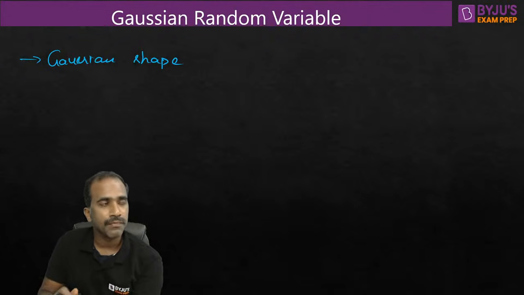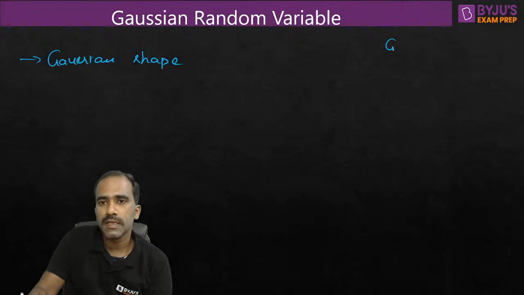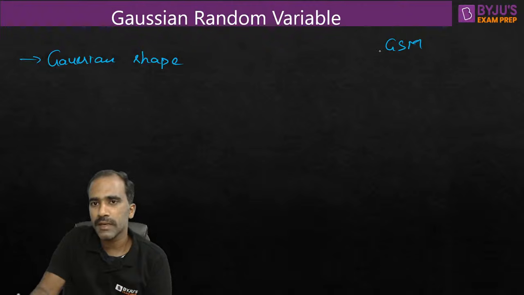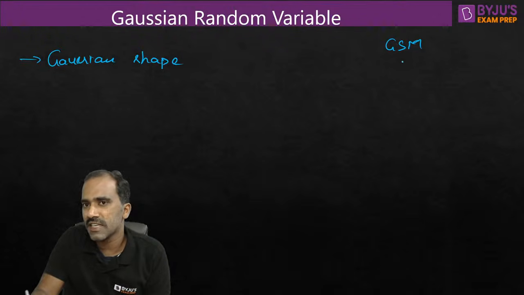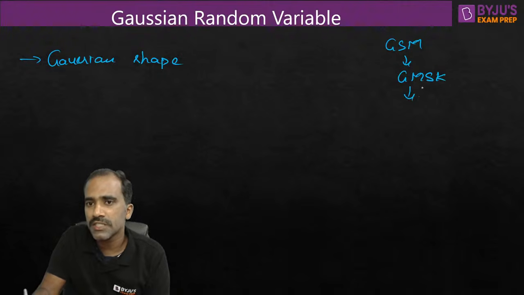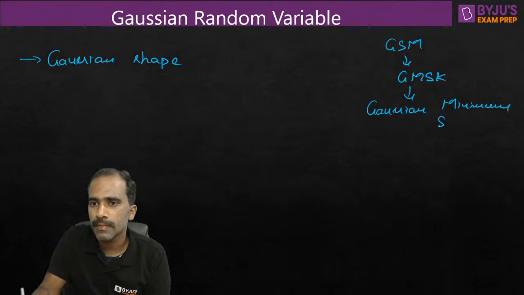For example, in GSM, global system for mobile, which is a 2G, 2.5G technology, we use something called the GMSK technique. The modulation technique that we use is GMSK, Gaussian minimum shift keying. Why is it called that?